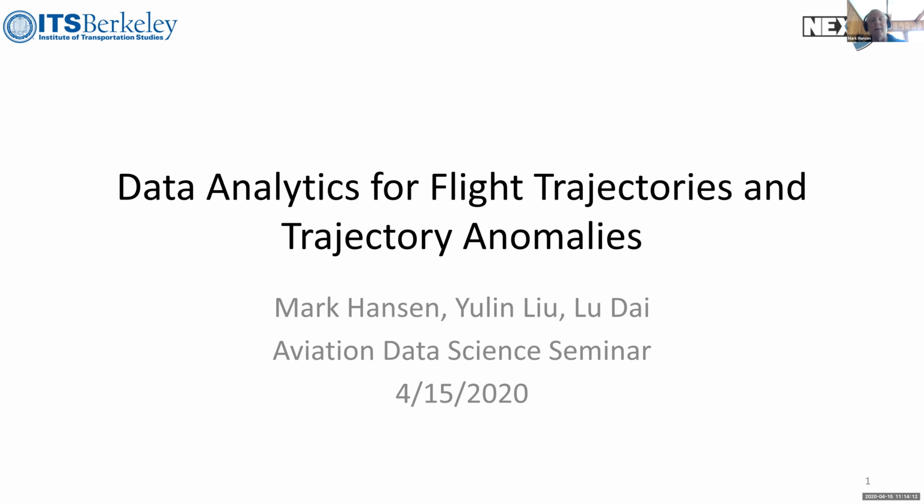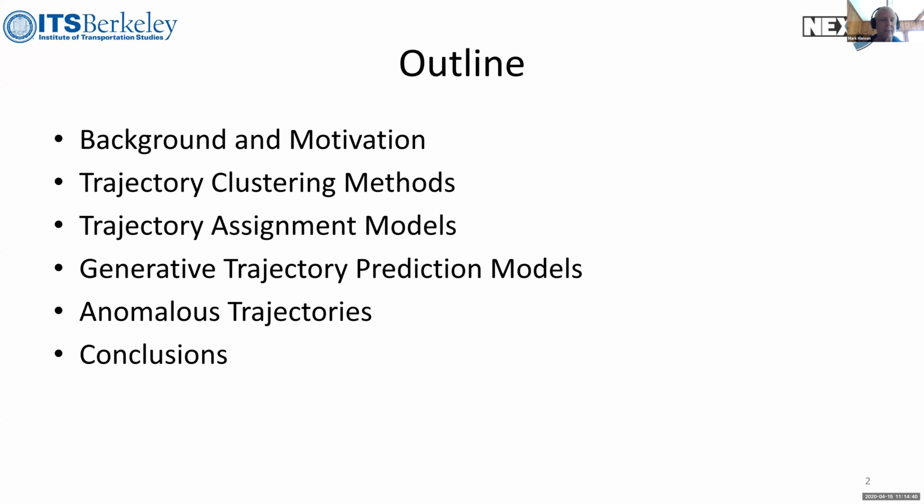All right, so my talk today, as promised, is called Data Analytics for Flight Trajectories and Trajectory Anomalies. And this is reviewing several different pieces of work that I've done over the past several years with two students in particular, Yilin Liu and Lu Dai. And this is my outline. So a quick background and motivation, and then the meat of the talk.